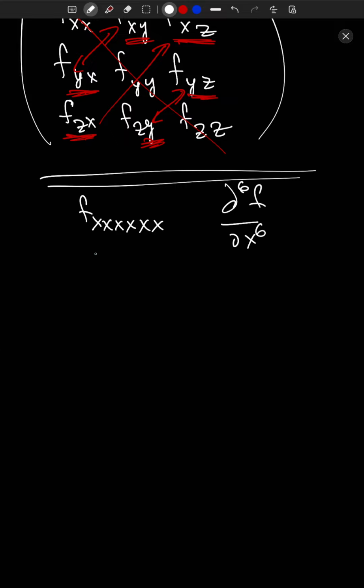All right, by the way, now that we know the order doesn't matter, f, x, x, y, y, x, we can just write that as d5f, dx cubed dy squared. So we don't actually have to write the order because, for the purposes of our class, it doesn't matter.